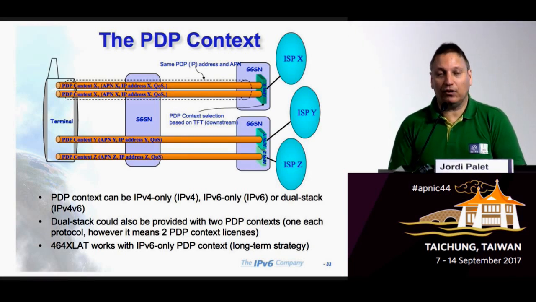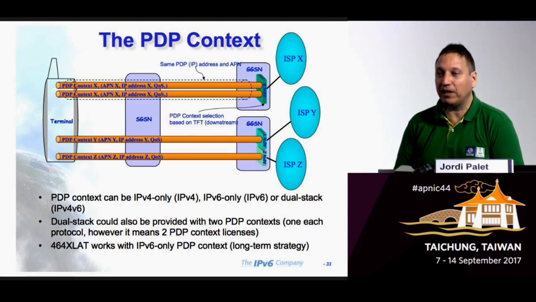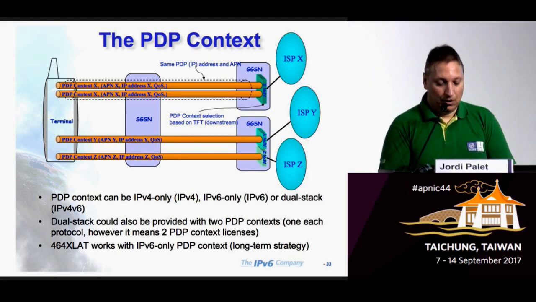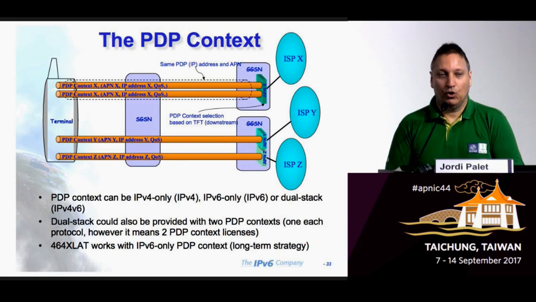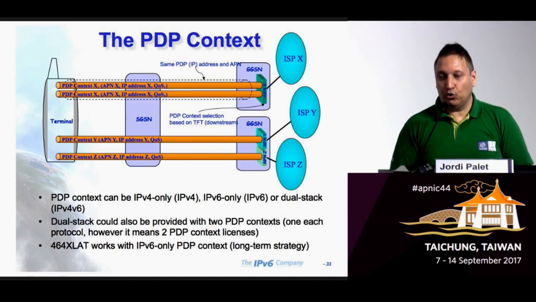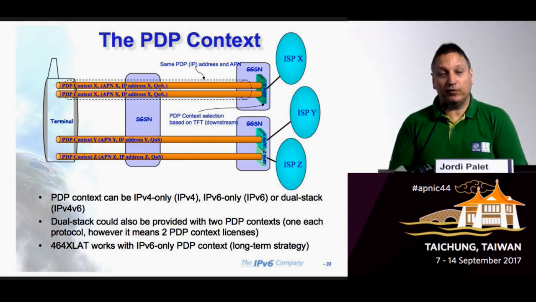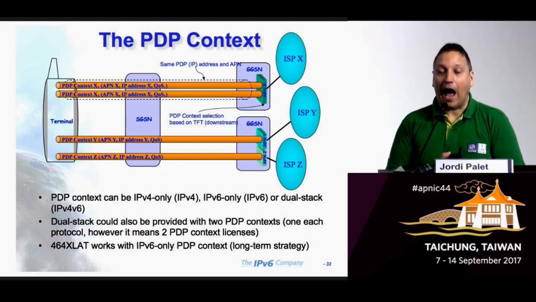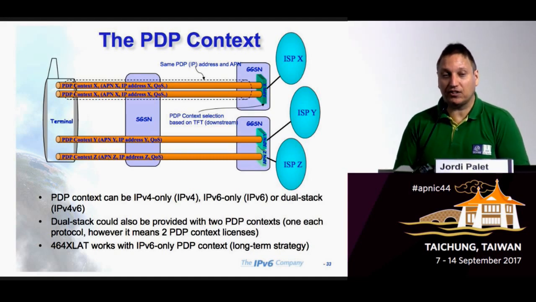An interesting thing here is also that this PDP context can be IPv4 only, IPv6 only, or it could be dual stack. So to have IPv4 support, of course, you use an IPv4 only PDP context, which is called IPv4. If you want to have IPv6 only, which is our target, you will have IPv6 only PDP context.